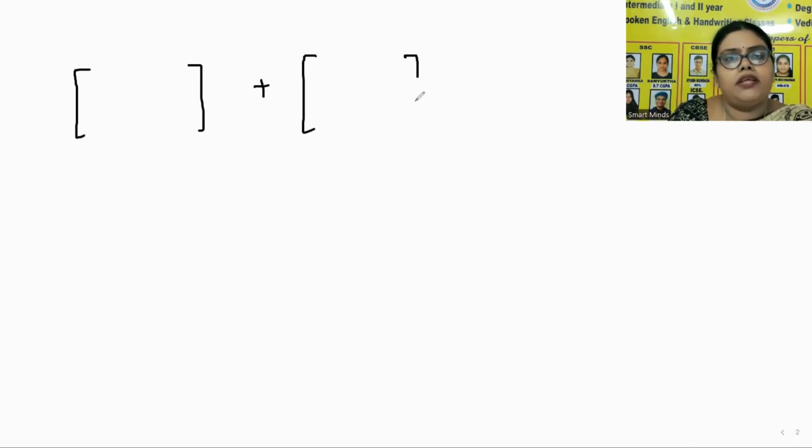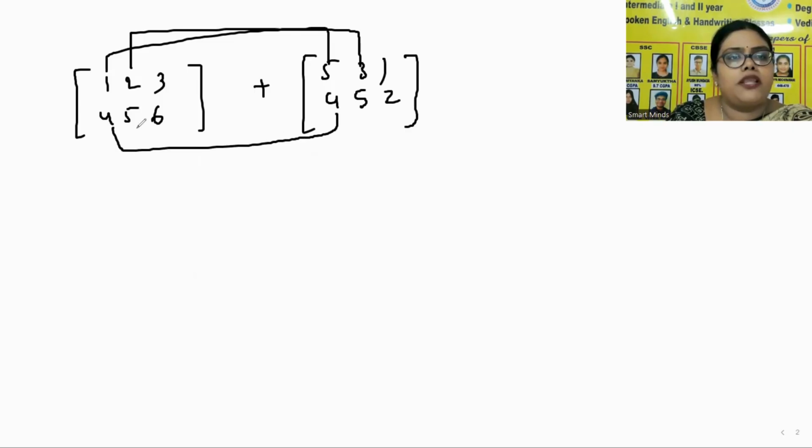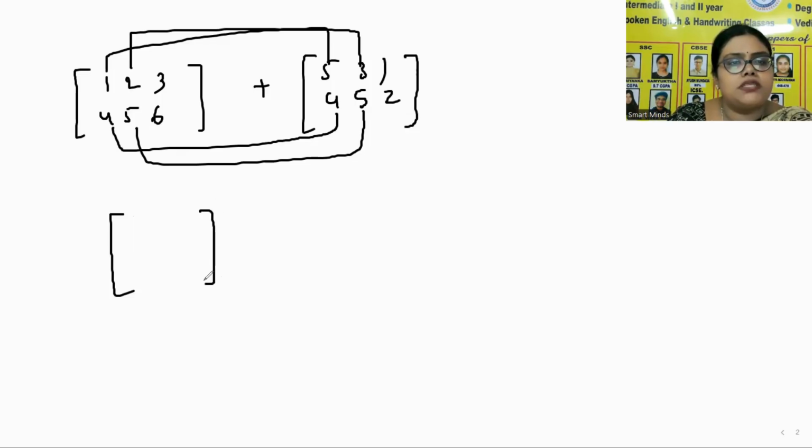We add with the corresponding elements, like suppose 1, 2, 3, 4, 5, 6 and 5, 3, 1, 4, 5, 2. We add with the corresponding elements. Here also we add with the corresponding elements. Addition and subtraction are the same. But when we come to multiplication, the number of columns of the first matrix should be equal to the number of rows of the second matrix.